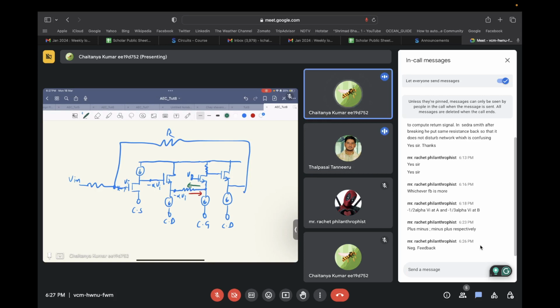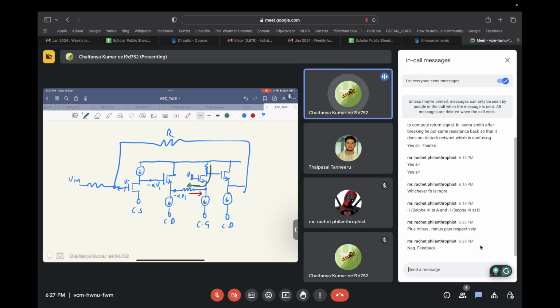Correct. No incremental current can flow in the other direction, because that is basically an open circuit in incremental analysis. So the same current will flow like this.